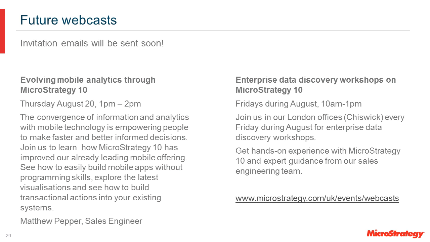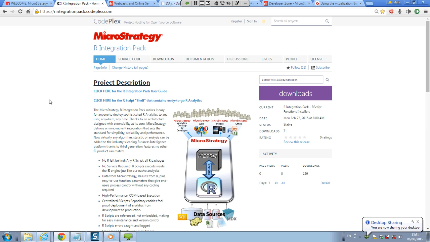I can see in the chat that someone would like to go back to one of the URLs that I presented earlier. Let me bring up the R integration pack. So this is the URL for the R integration pack.